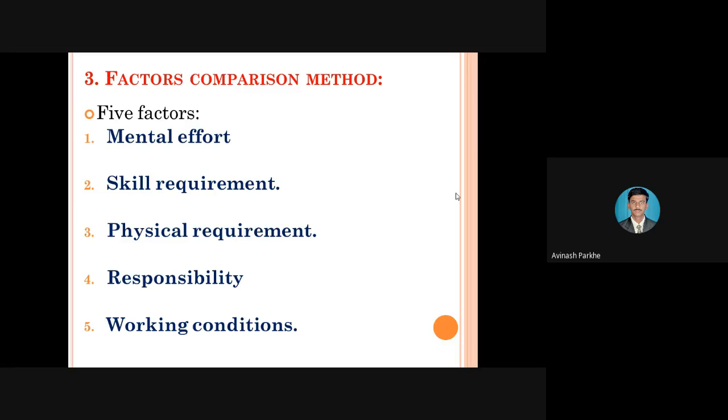Similarly, in the factor comparison method, whatever number of jobs are available, for example 100 jobs are manufactured, from those 100 jobs we have to identify the best jobs. Maybe I can take 5 jobs, or 10 jobs. Out of the hundred, I select the best jobs, and the remaining jobs are compared with these key jobs.